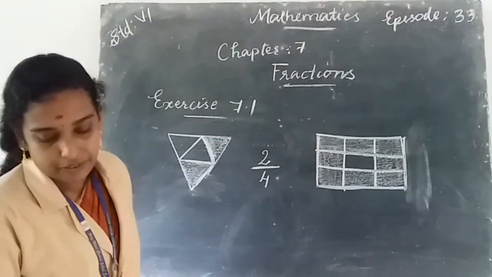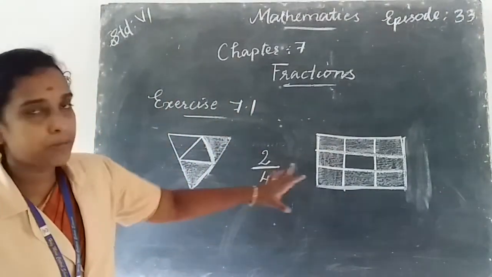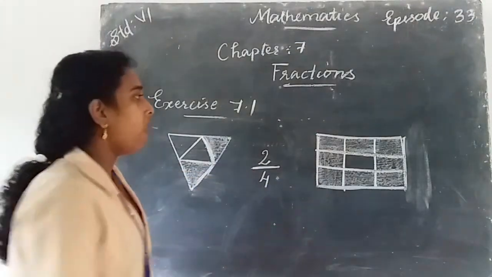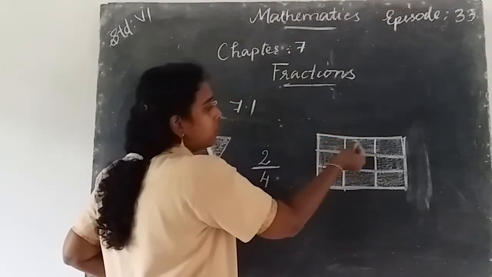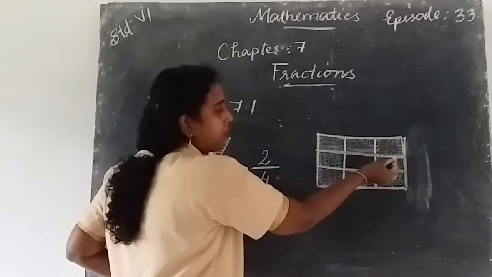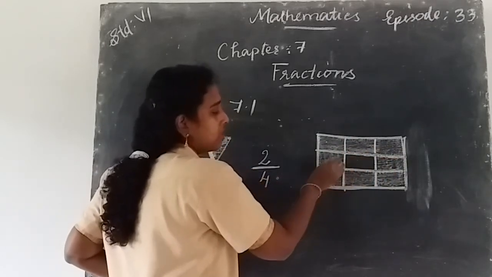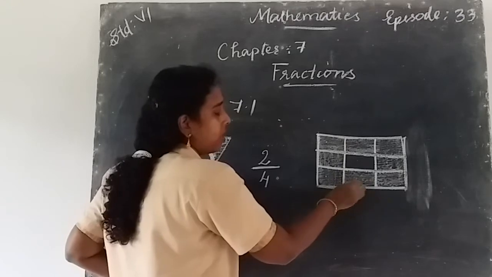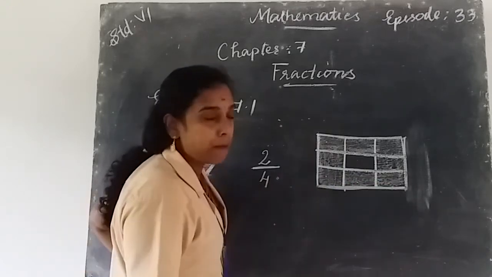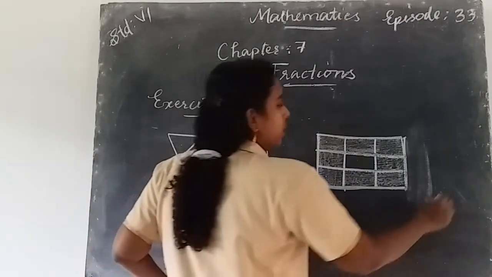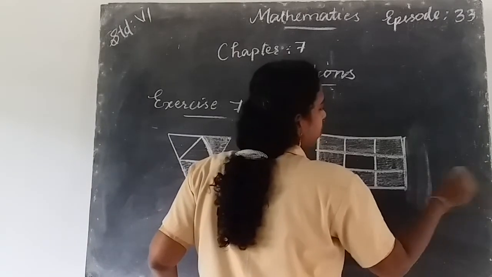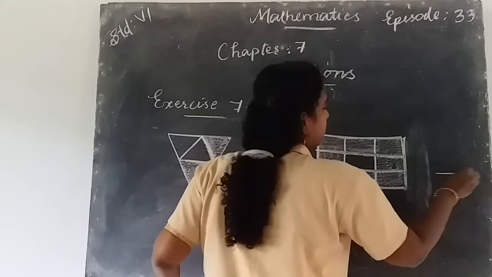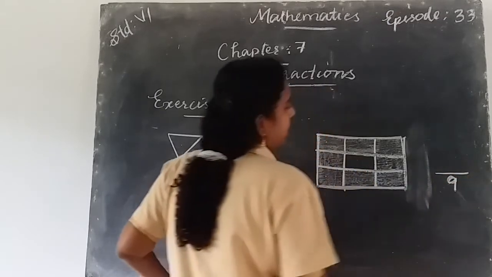Here is the figure, and you want to write the fraction representing the shaded part. The whole is divided into how many parts? 1, 2, 3, 4, 5, 6, 7, 8, 9. 9 parts. So write the number of equal parts the whole is divided into as the denominator, so write 9.